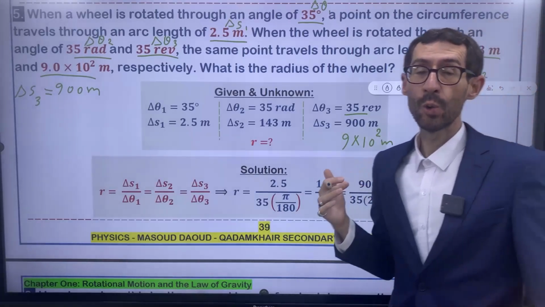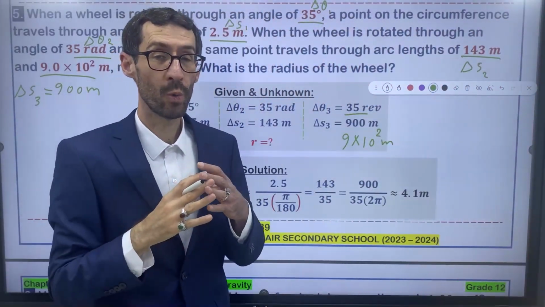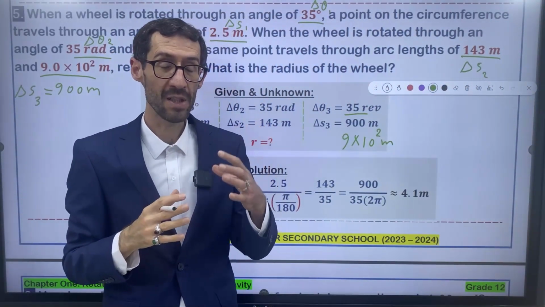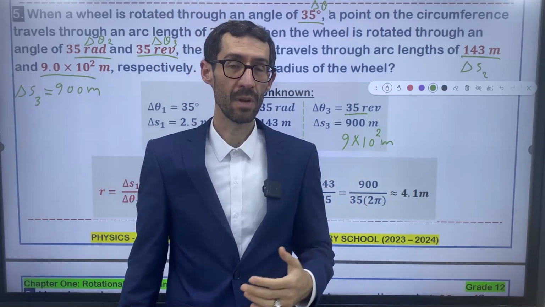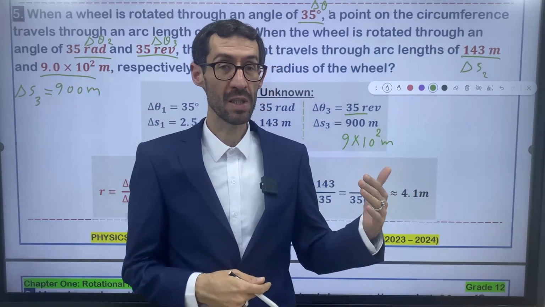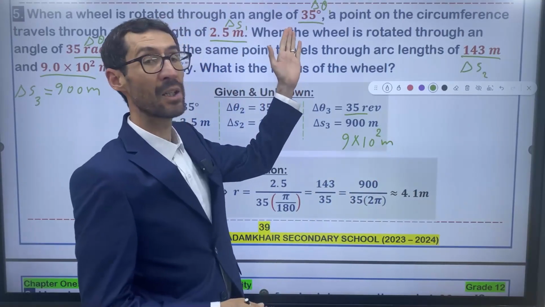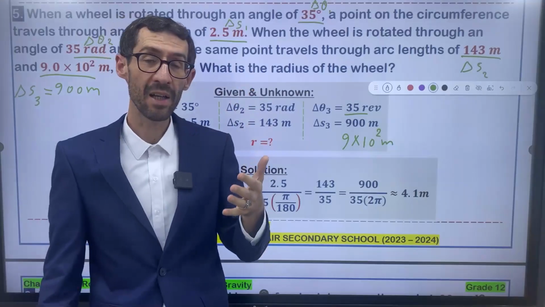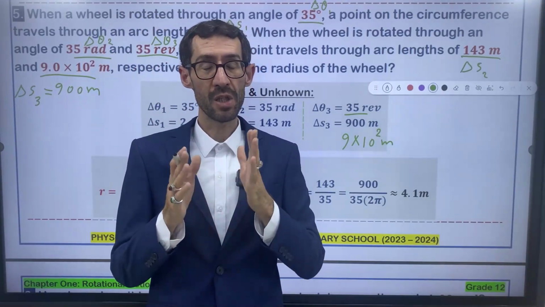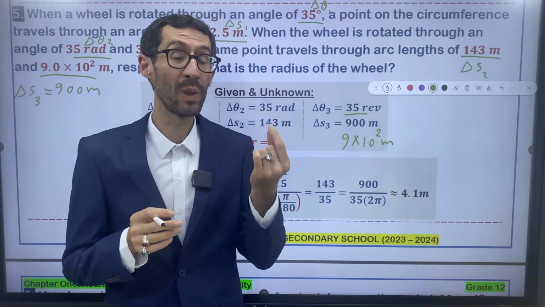Let me tell you a note here, because there is one wheel, right? There's one wheel. And the wheel, let's say, over time, changes its angular displacement and its arc length. And you know, there's one wheel only.